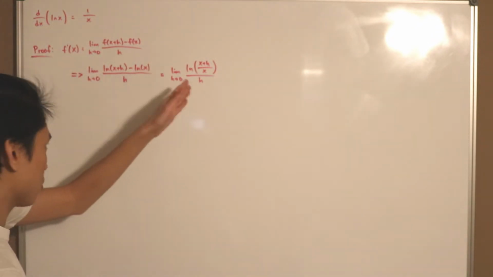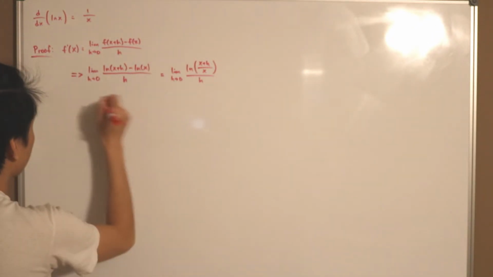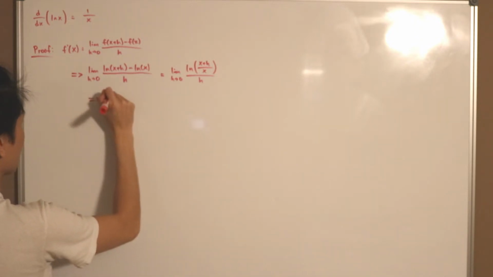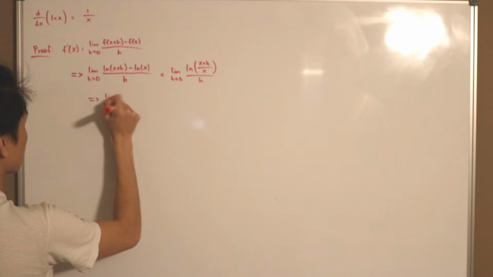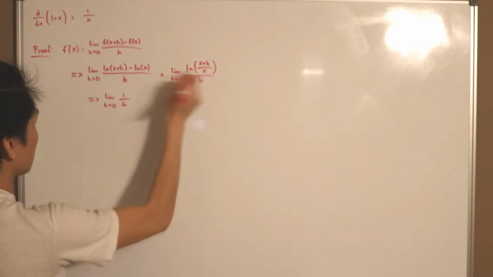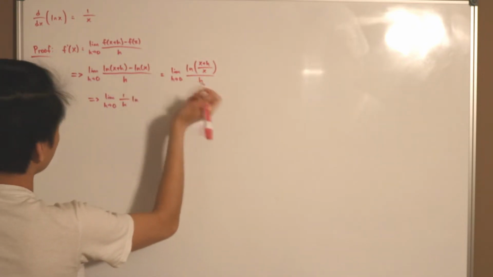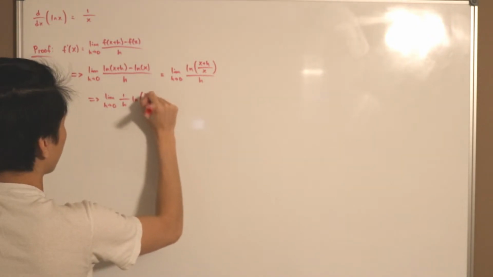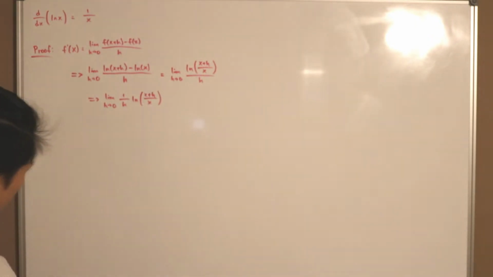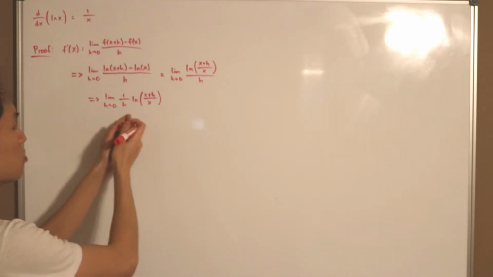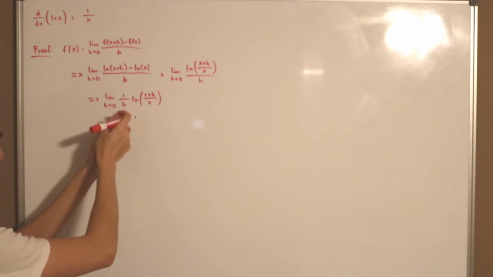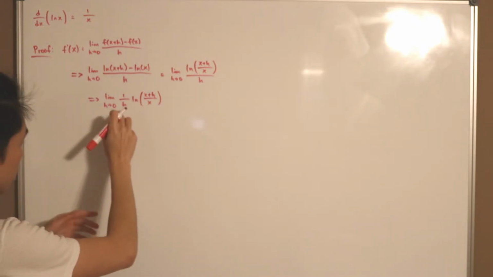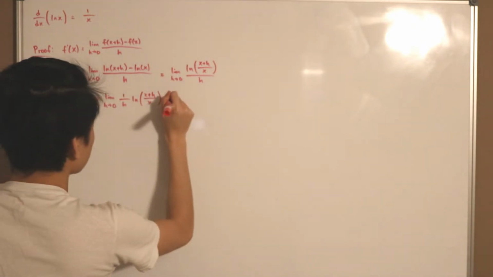Since we're also dividing by h, another way we can rewrite this is as multiplication by its reciprocal. So it's the limit as h approaches 0 of 1 over h times the natural log of x plus h divided by x. And again, using natural log rules, 1 over h is multiplied in front of the natural log, so it gets moved to become an exponent.